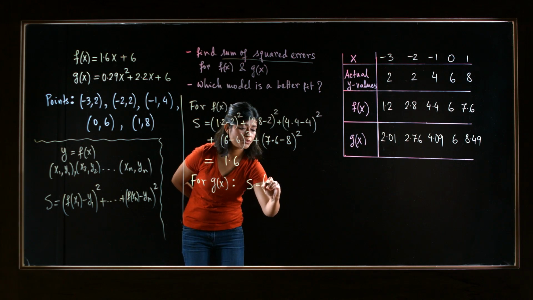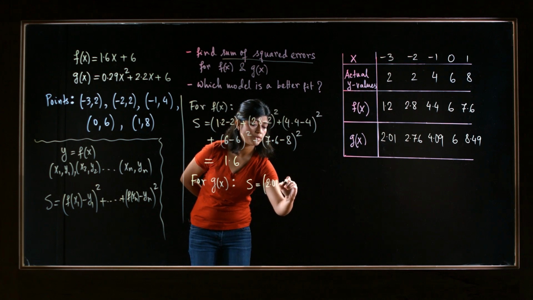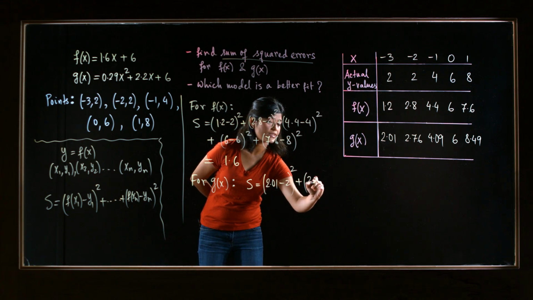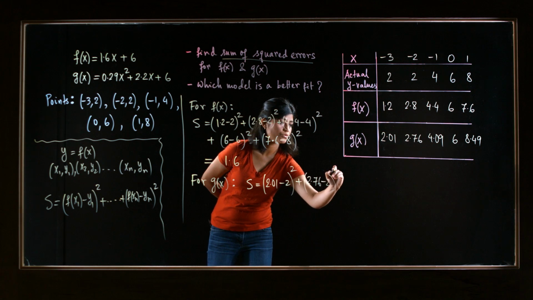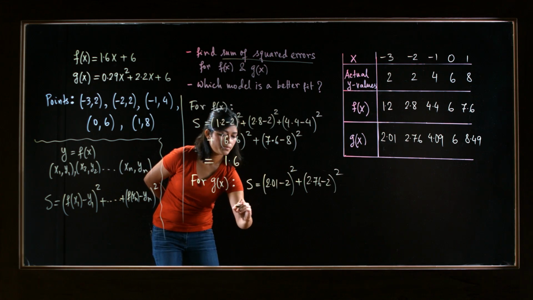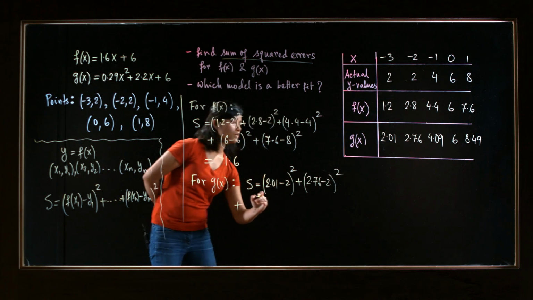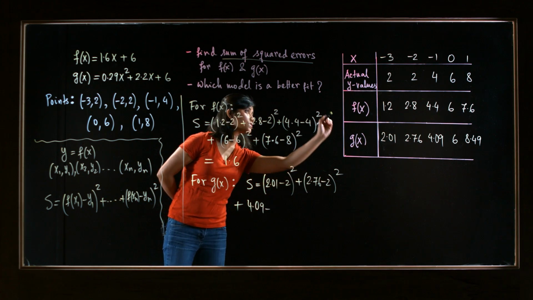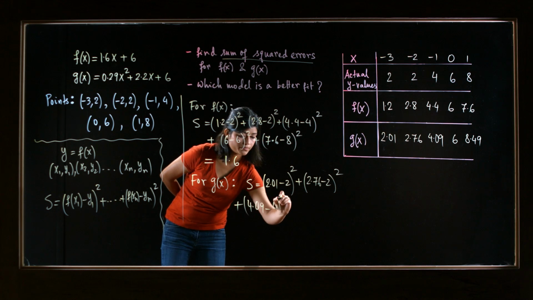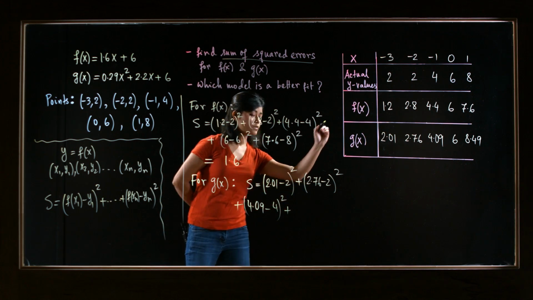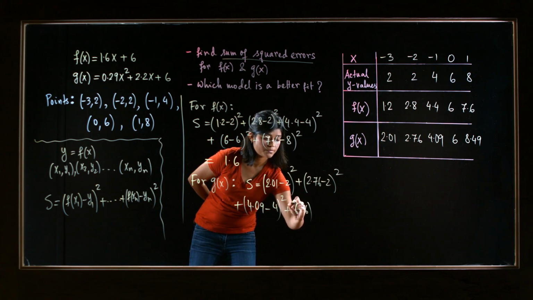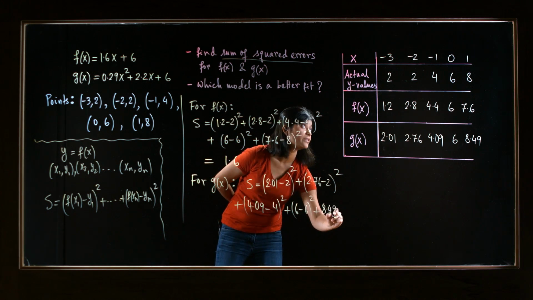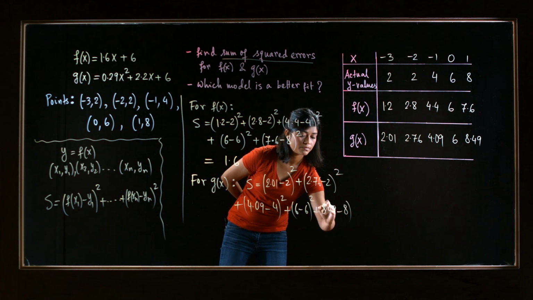So we have 2.01 minus 2 squared plus 2.76 minus 2 squared plus 4.09 minus 4 squared plus 6 minus 6 squared, and finally 8.49 minus 8 squared.